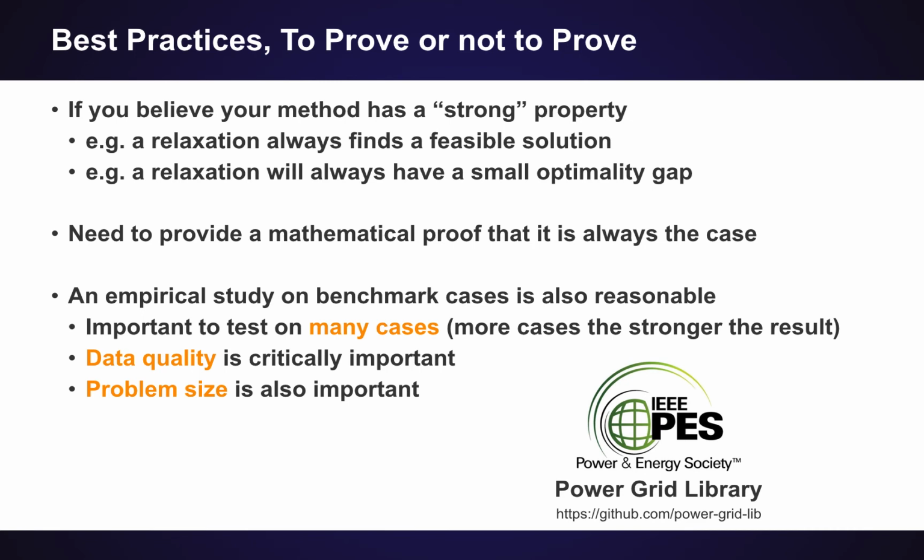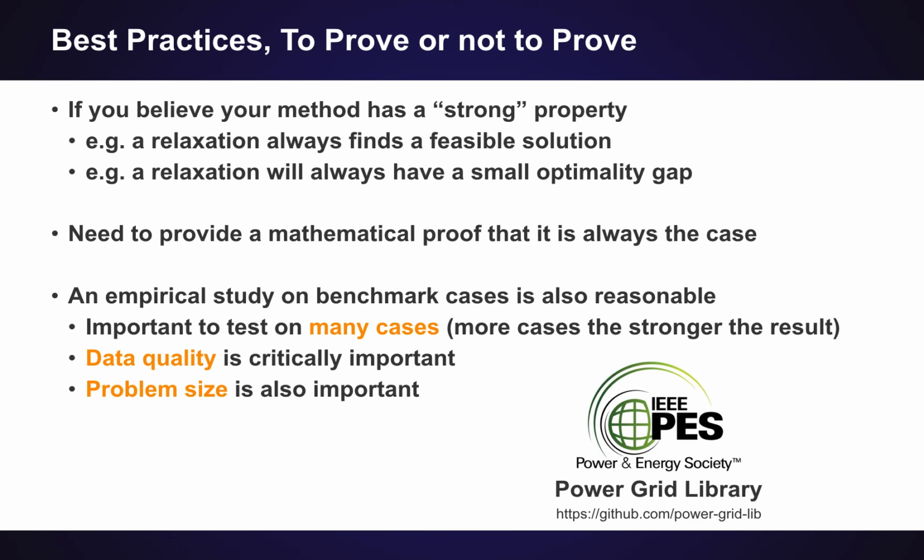Yeah, maybe also just a note, we have talked about this before, about proving that a relaxation is actually a relaxation. So if you make a change to an existing relaxation, or you develop a new relaxation that always finds a feasible solution, you should be very careful to make sure that your relaxation can never cut off any feasible solution, because that is what a relaxation is.